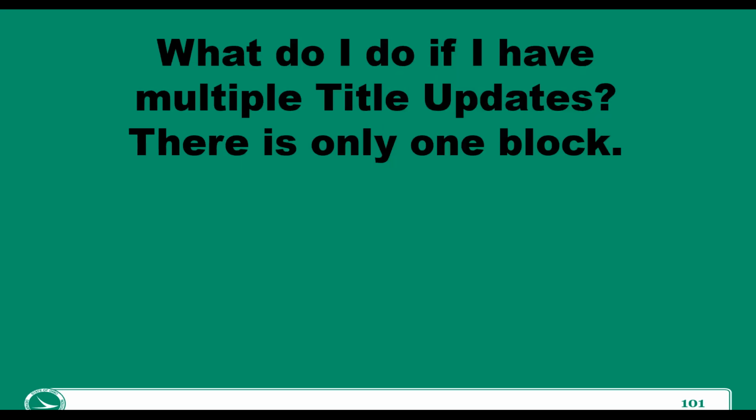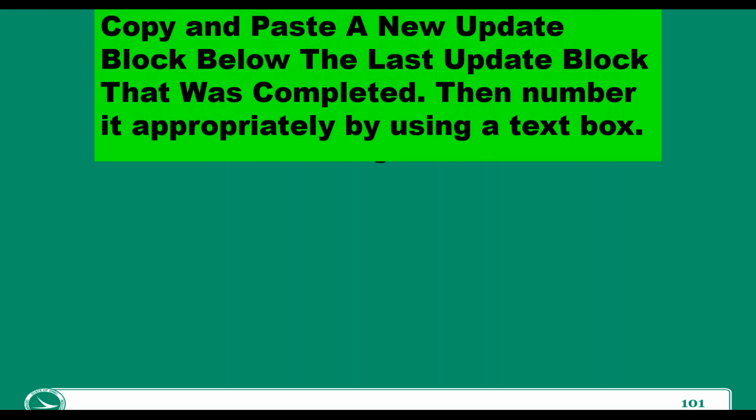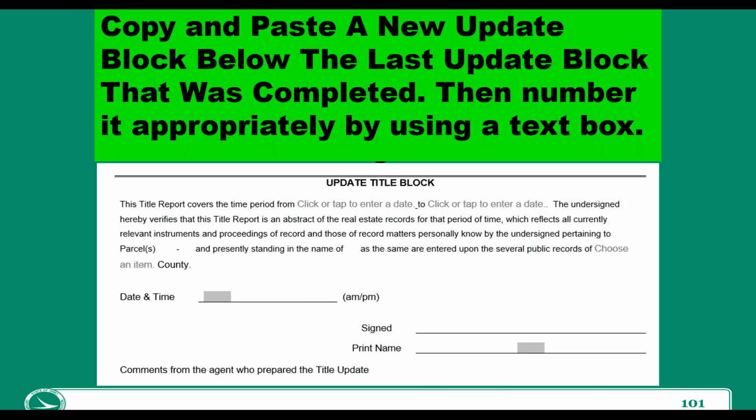So, moving on, what do I do if I have multiple title updates? There's only one block. So what do you have to do? You just go ahead, copy and paste the new block, and put it right below it, just like this. This was copy and pasted. And then what I do is add which update it is.